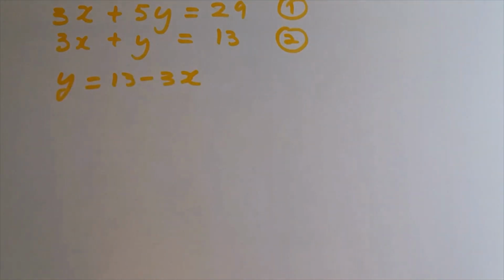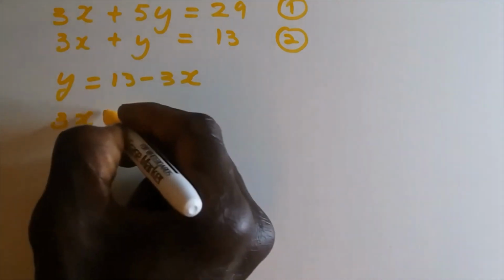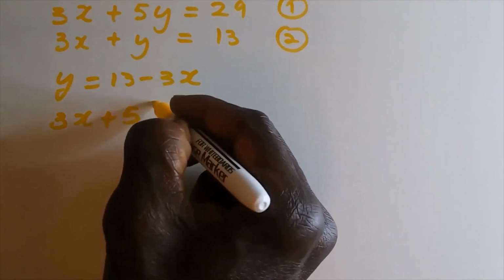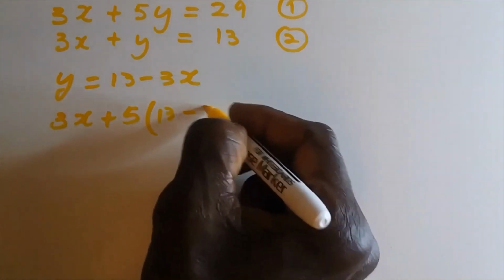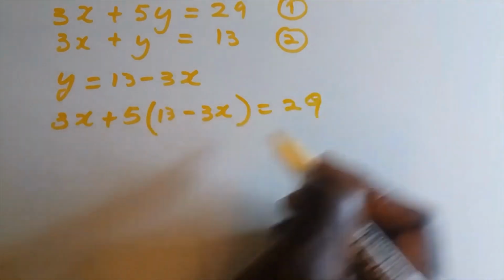And now I'll substitute into equation 1. So we have 3x, add 5 of this, which is 13 minus 3x, and that's equal to 29.